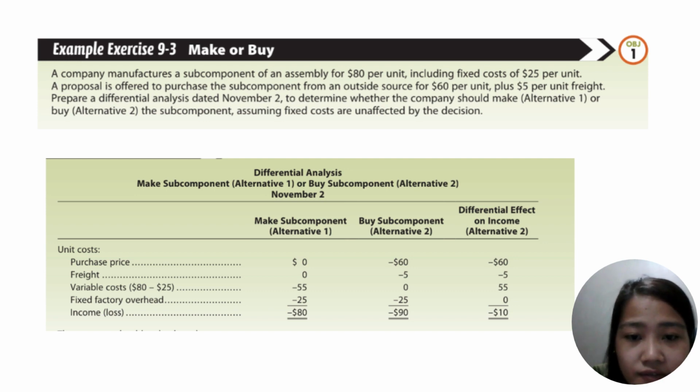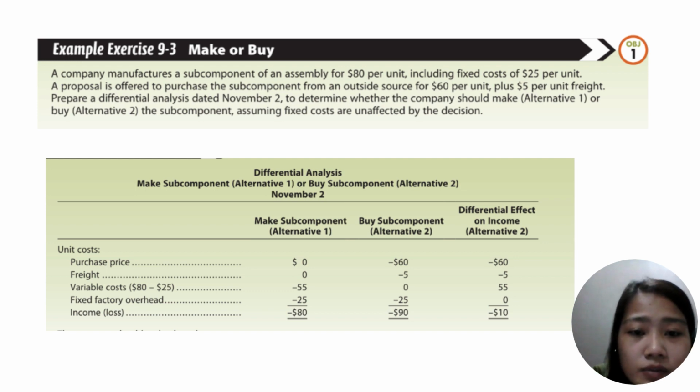So that is $55 per unit. And we have the fixed factory overhead of $25 per unit. So overall, we will add up the variable cost and the fixed factory overhead. So we will have a loss of $80 per unit for the make subcomponent.